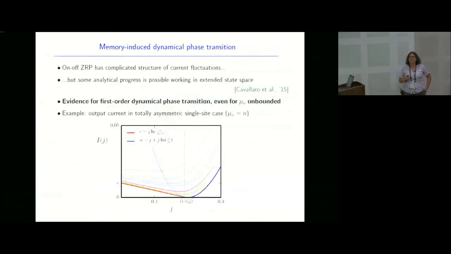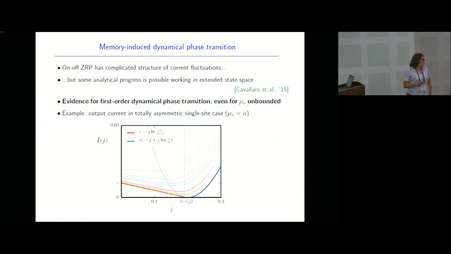And in that case, the zero-range process, this on-off zero-range process, has a very complicated structure of current fluctuations. And you can do some analytical things by looking in extended state space where you include this hidden variable. But it's quite technical, and I'm not going to go into the details, but you find quite complicated phase structures, and you can also look at this case where it matters whether tau is 1 or 2 and so on.